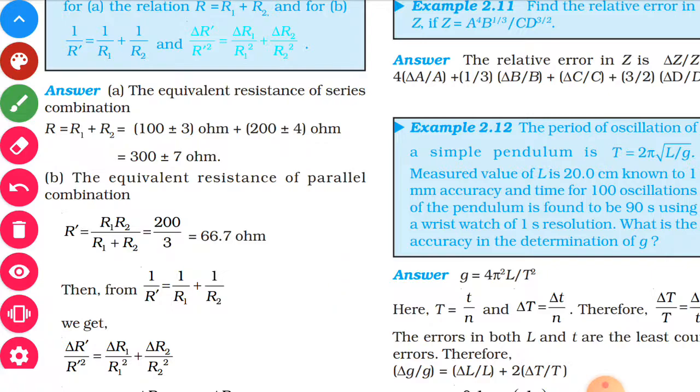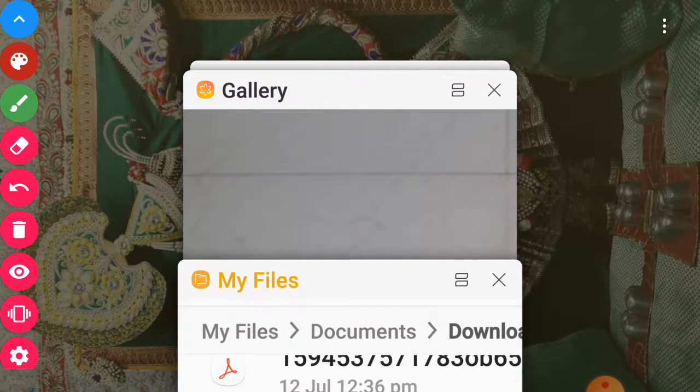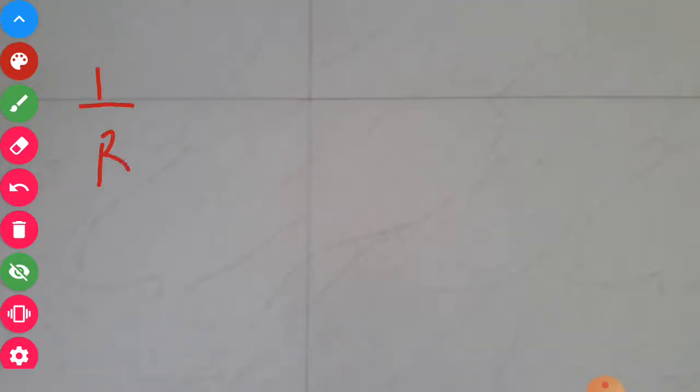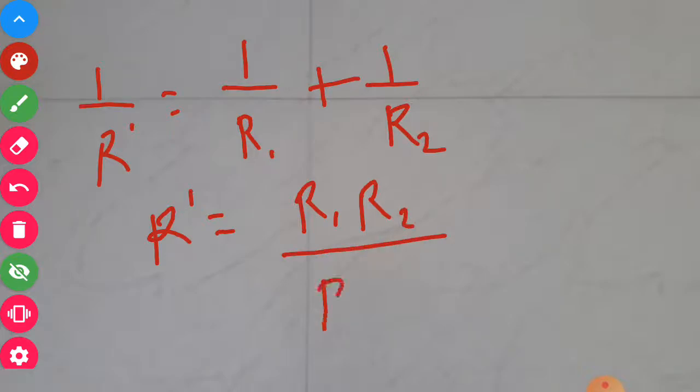Okay, now in parallel, as you know, the formula is 1 upon R is equal to 1 upon R1 plus 1 upon R2. This formula you know very well. Here it is taken as R prime: 1 upon R prime is equal to 1 upon R1 plus 1 upon R2. So this R prime, if you simplify, becomes R1 R2 upon R1 plus R2.